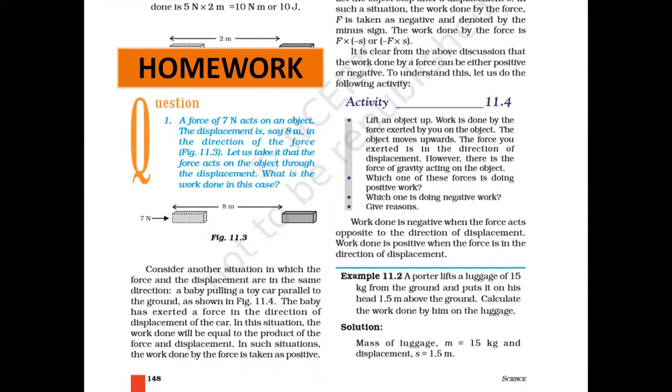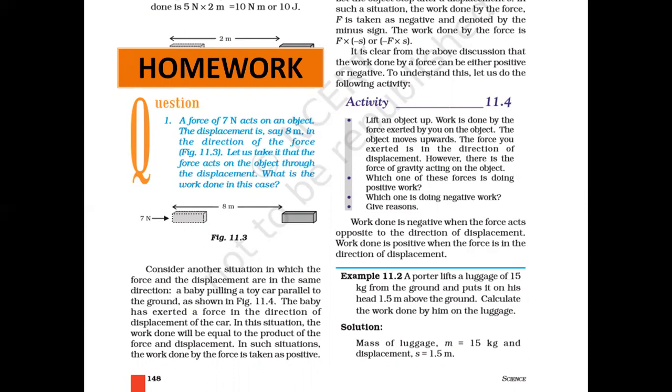So thank you, students. I hope you all have understood about work. We learned about the two conditions of work. First, a force has to be applied on the object, and second, there has to be displacement. And we saw that work done is equal to the product of force and displacement.